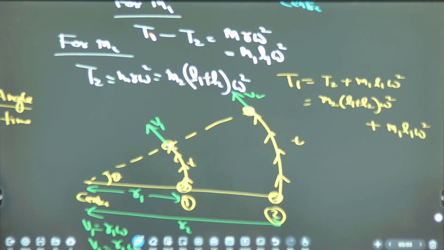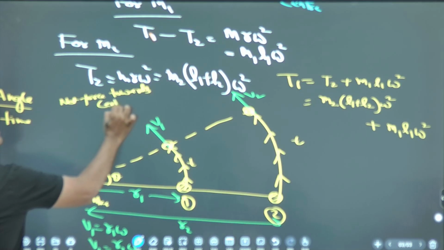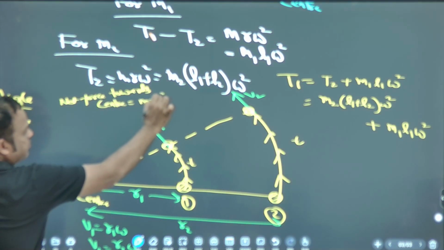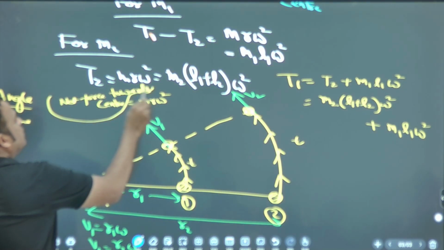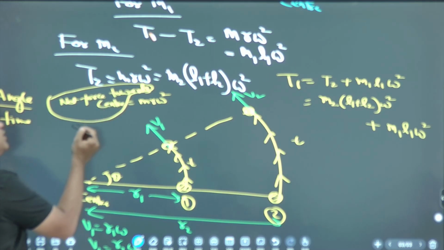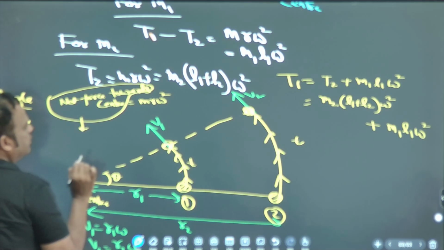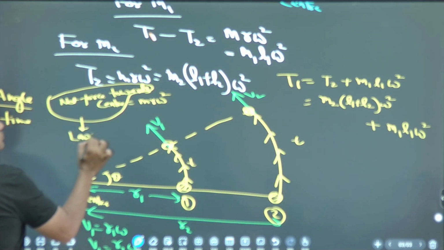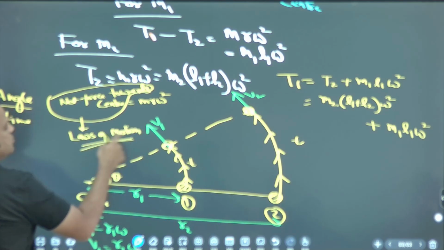So what is the basic concept? In this whole chapter, just remember net force towards center is centripetal force. What is the formula for centripetal force? Mr omega square. Then how to find net force towards center, that you have learned in Newton's laws, laws of motion.